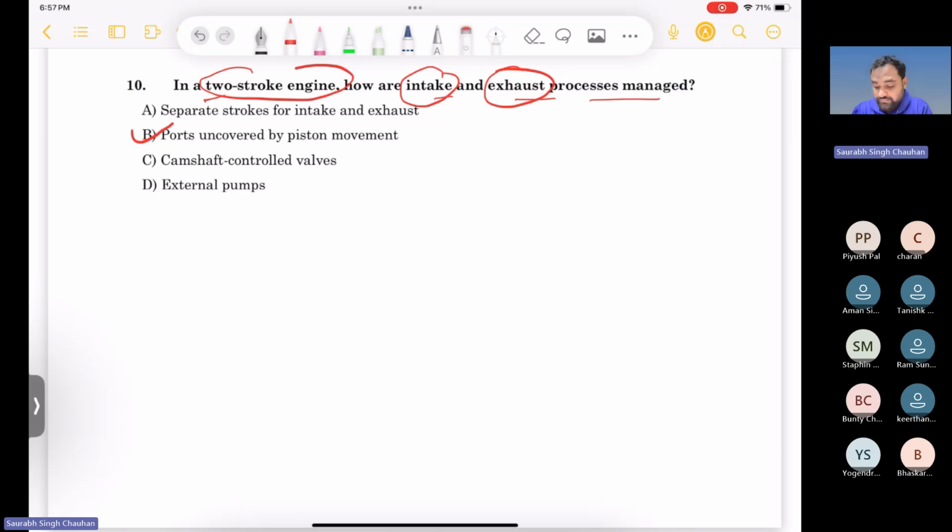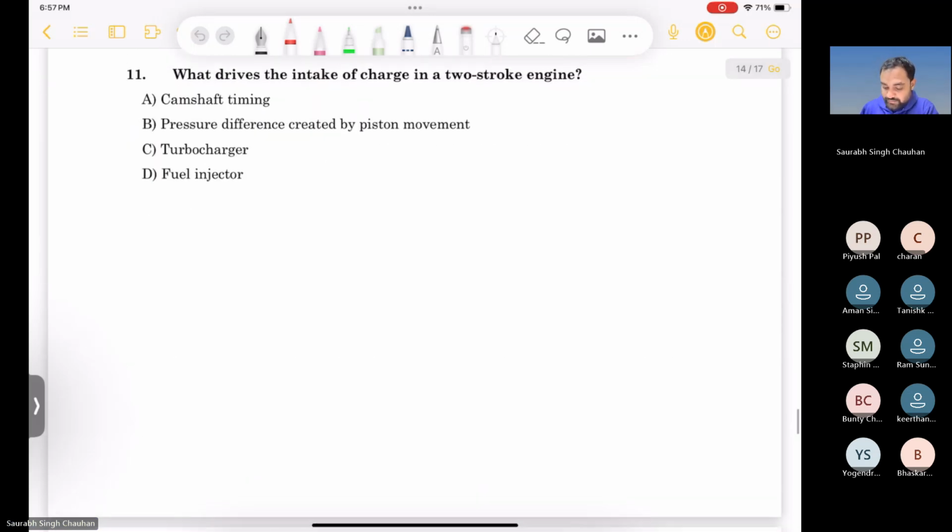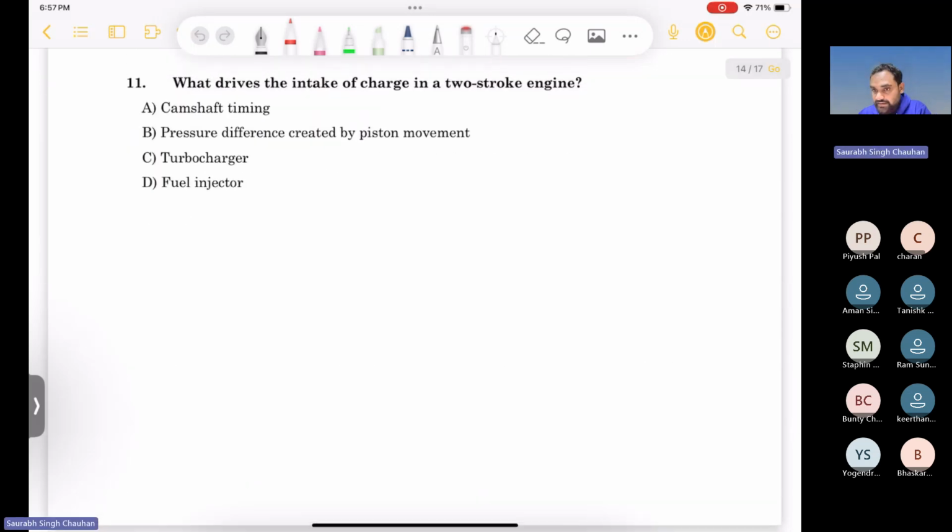Sometimes it is confusing. But if you have seen those pictures carefully, then I think you must have understood what is going on, right? If it is clear, then we will move to question number 11.